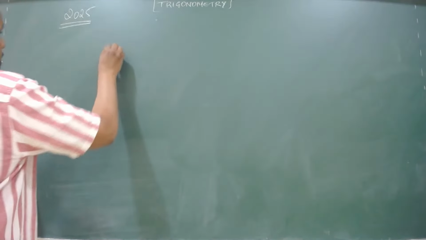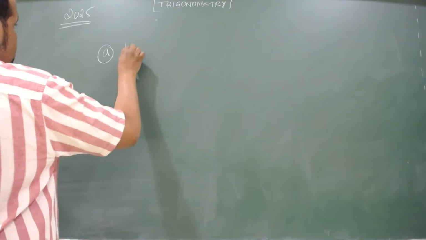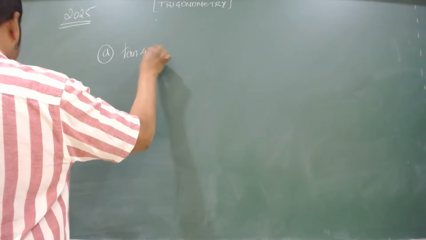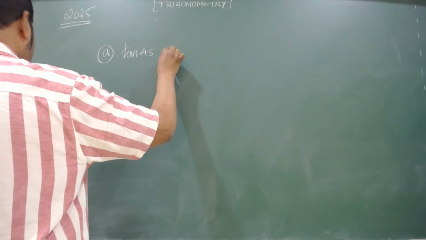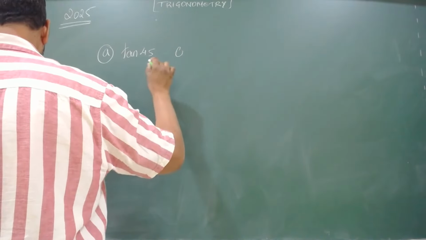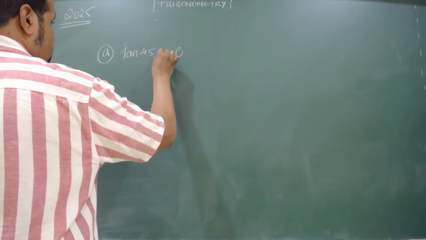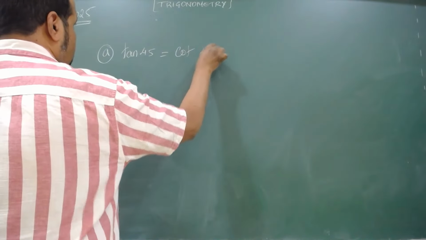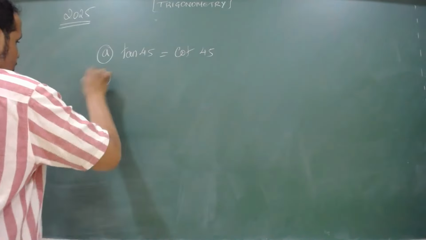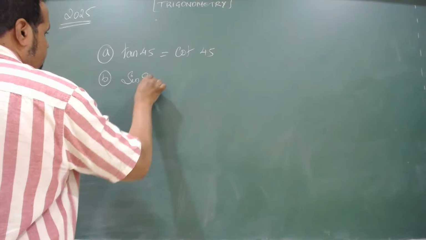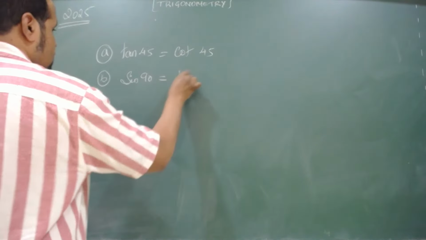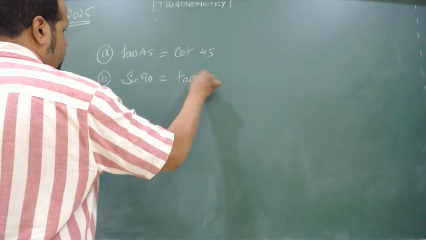The first statement says, tan 45 is equal to cot 45. Option B, sin 90 is equal to tan 45.